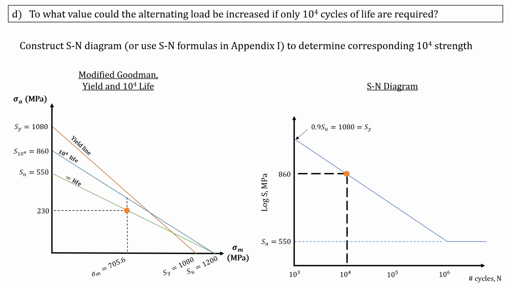If we transfer that over to our modified Goodman graph, we have our 10 to the 4 strength of 860 megapascals, and we know that our ultimate tensile strength is still going to pass through that 1200 megapascal position.